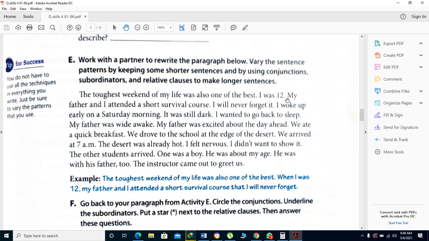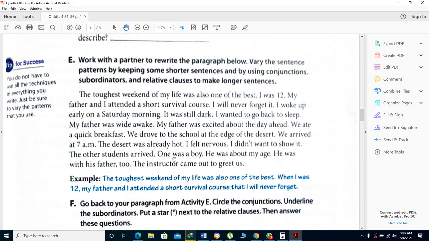When I was 12, my father and I attended a short survival course that I will never forget. Now here you have a relative clause. Which course? The course that I will never forget. So you can see this sentence is more fluent, it's more sophisticated, and it's easier to read.